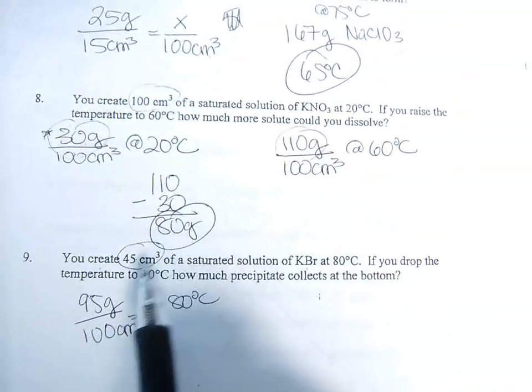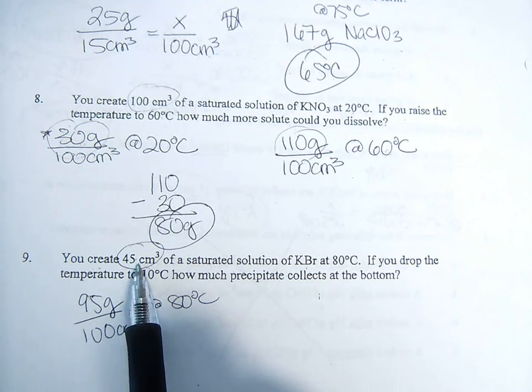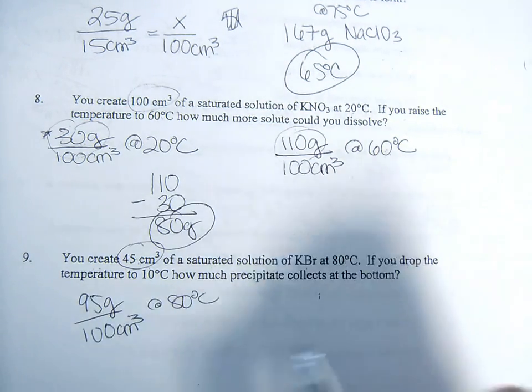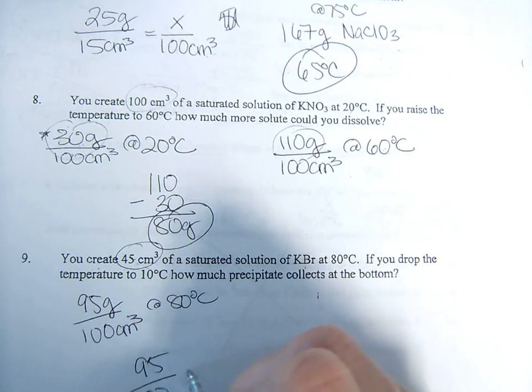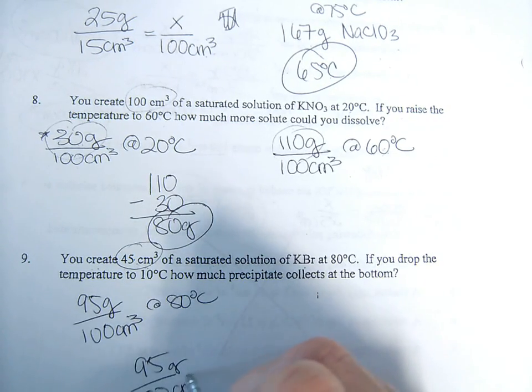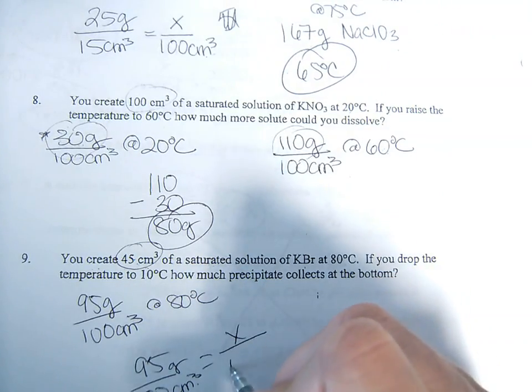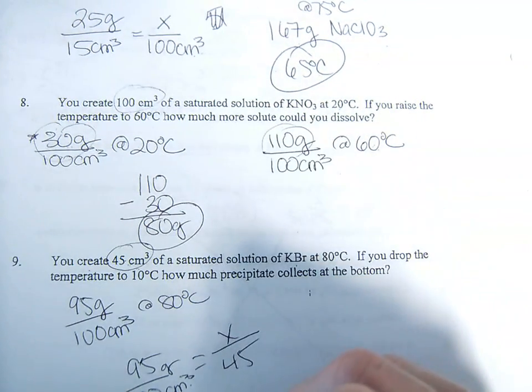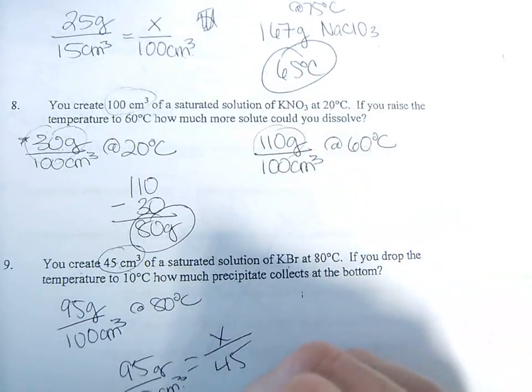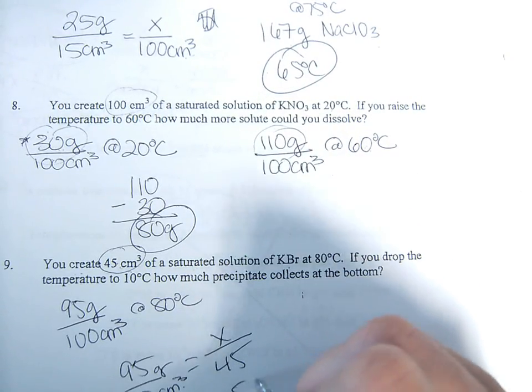Okay, but my saturated solution is 45 cubic centimeters, so now I have to convert this to 45 cubic centimeters. So 95 over 100 is equal to x over 45. I like to do 95 divided by 100 times 45. Okay, so that means 42.75 grams.